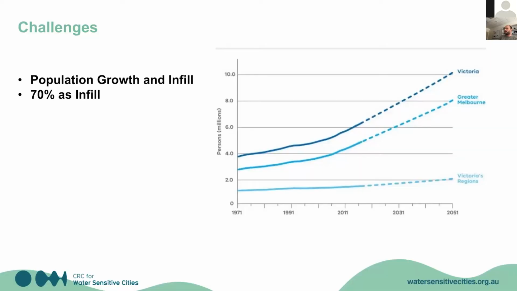It is the same challenge, I guess, across Australia, particularly around the major metropolitan centres, that we have this massive population growth to work with. These are just the projections that we have here for Victoria as well as for Greater Melbourne, where we're going from about 4.5 million at the moment to about 8 million by 2051.